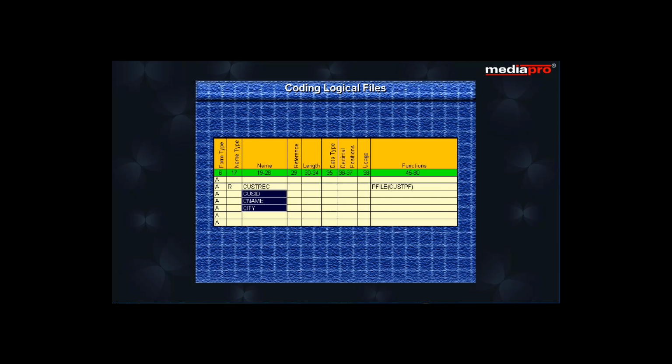Then, we define the key field city by putting a K in column 17 and the field name in columns 19 to 28. This completes our requirement. Now we can create the logical file. Applications using the logical file will see only the fields that are coded here.